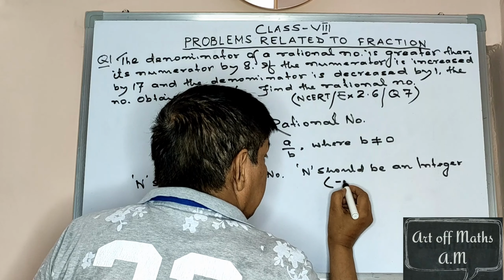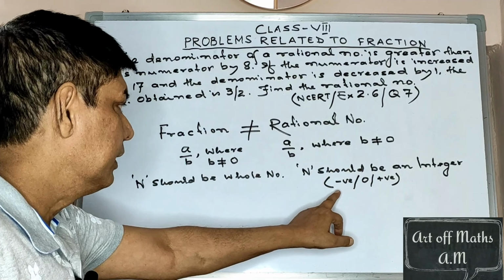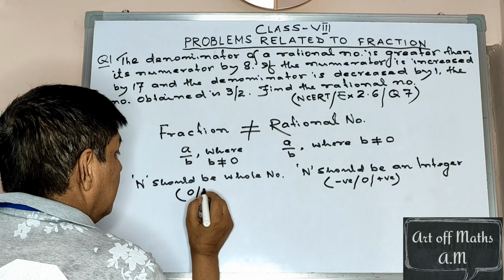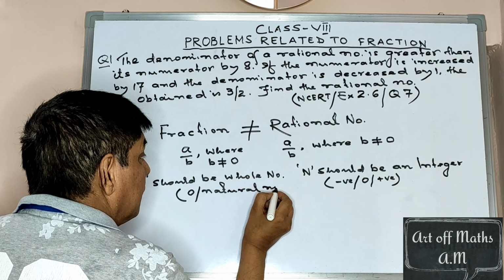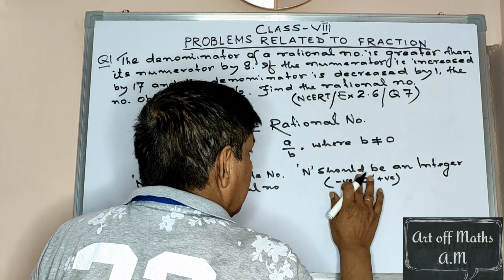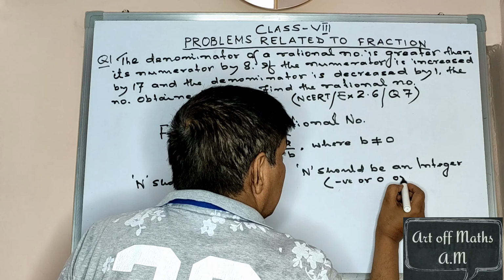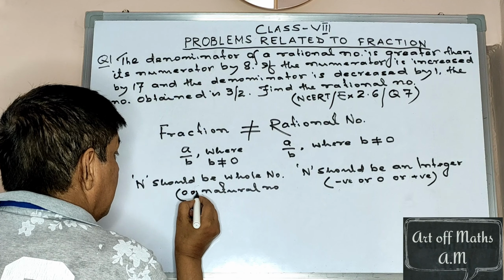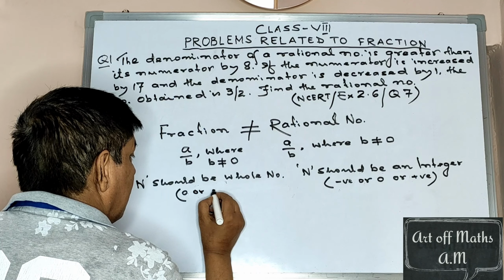That means negative numbers, 0 and positive. Integer means negative numbers, zero and positive numbers. And whole number means zero and natural number. Natural number.